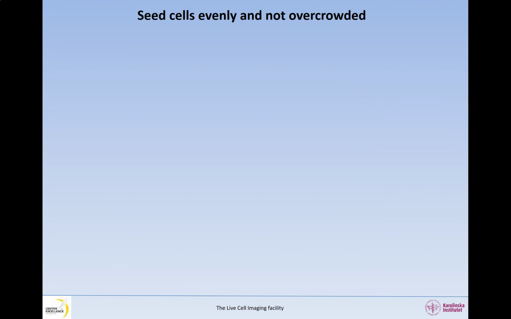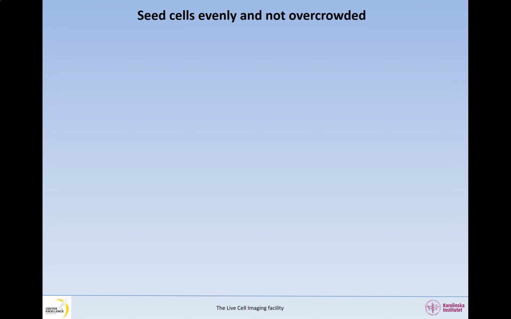When seeding your cells for imaging, regardless of whether you use cover slips, dishes, or multi-well plates, you should aim for an even distribution of your cells in the carrier of your choice. Make sure the cells are well mixed at all times when seeding them by gentle agitation of the tube and mixing every now and again by pipetting.